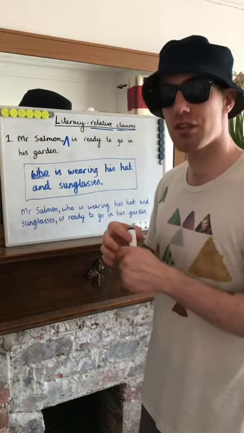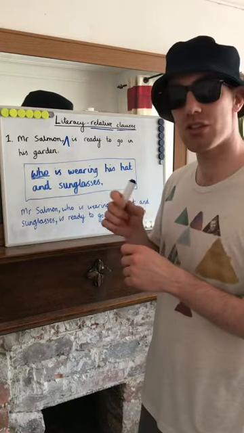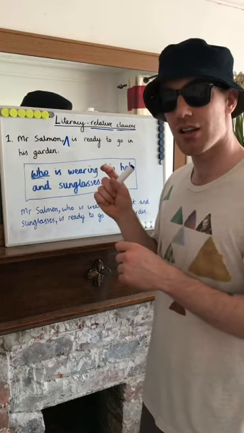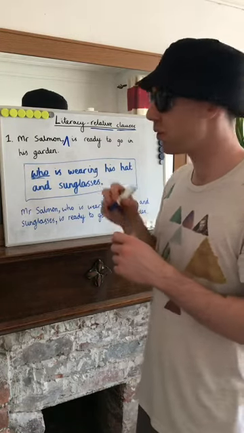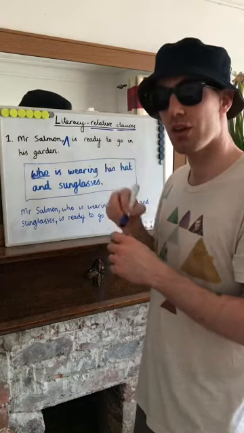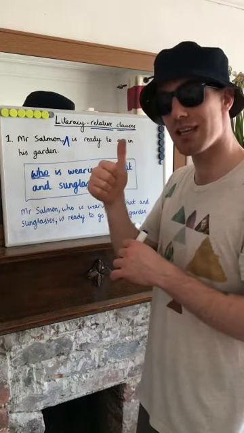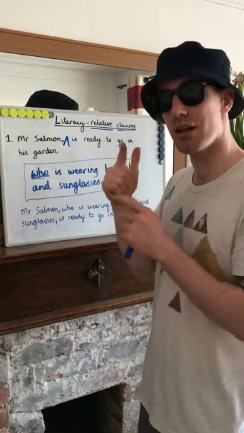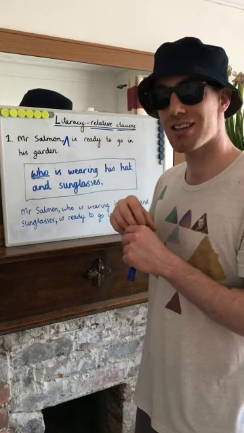It's just got to be relative to something in the sentence. Okay? So next you're going to see a screen with sentences, and I would like you to add a relative clause where I have put the arrow. Remember, it has to be relative to something in the sentence, and you also need to remember your commas. Okay? Good luck, and I'll see you soon.